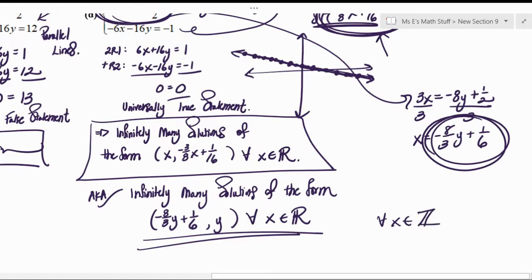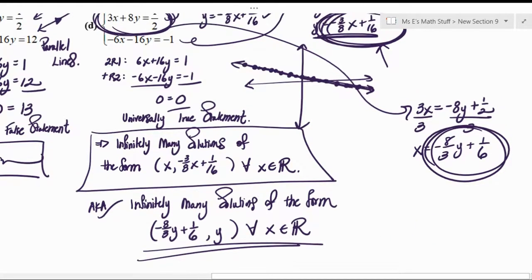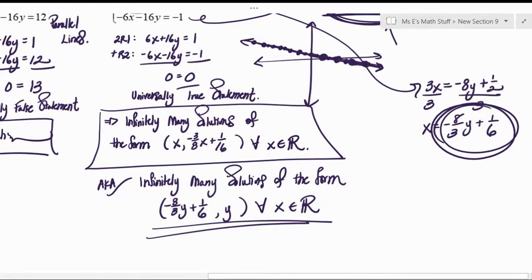The difference is that if you were to just use all x's from the integers, you wouldn't get the infinitely many points that are on the line. You'd just get like evenly spaced polka dots. But if you want the entire line graph, then you'd have to use all the real numbers. So hopefully that makes sense.